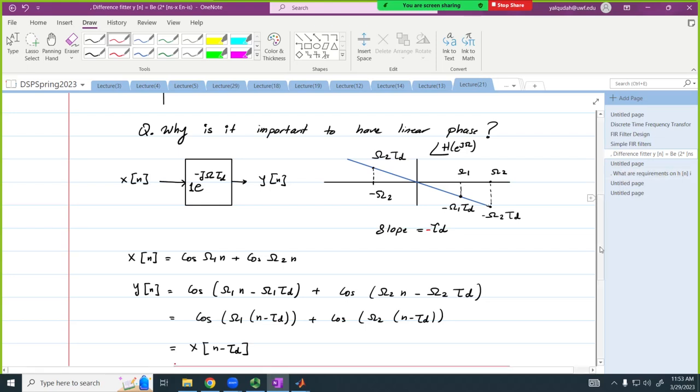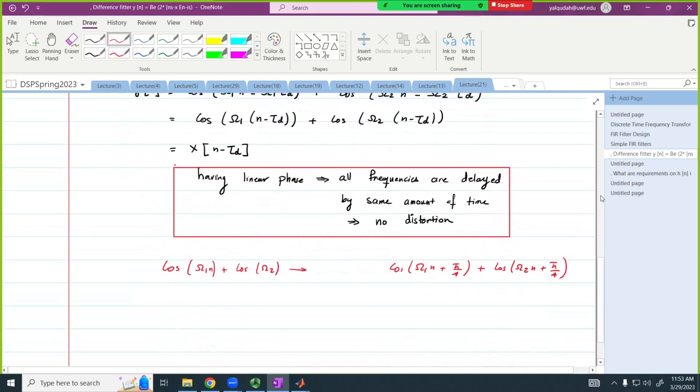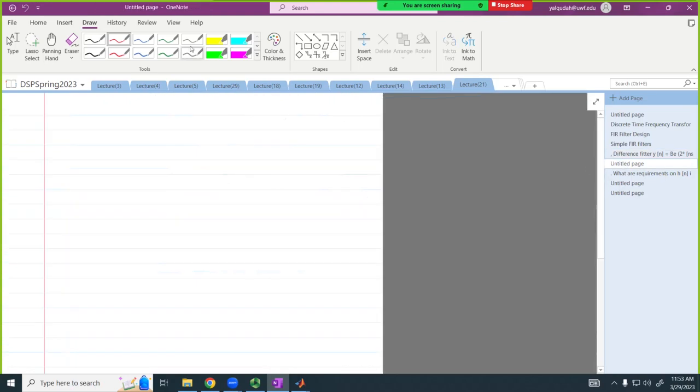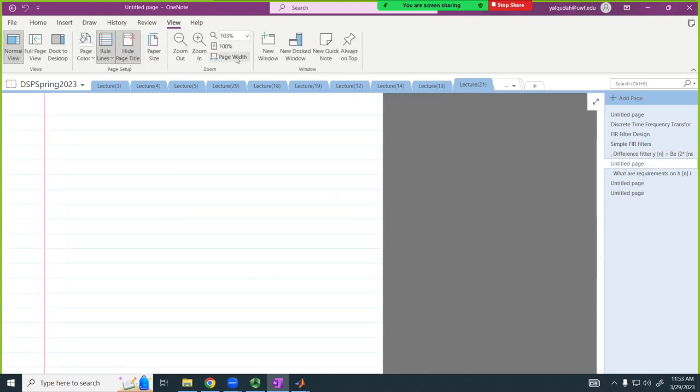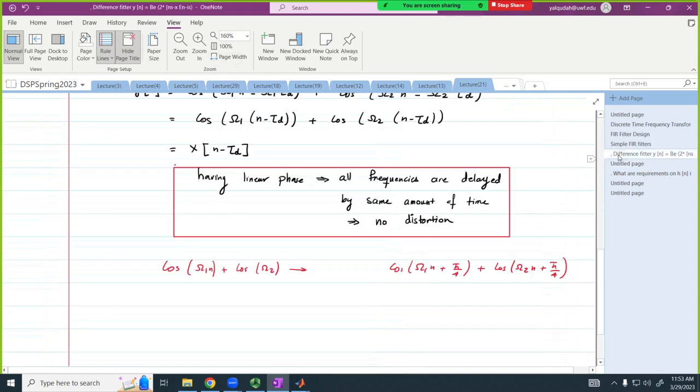So with that, let's look at the conditions that will ensure this. Is having a linear phase a quality that is desired or not? It is, because we don't want to distort the signal. Although we showed this for two frequencies, you can think of these two frequencies as being in the pass band.